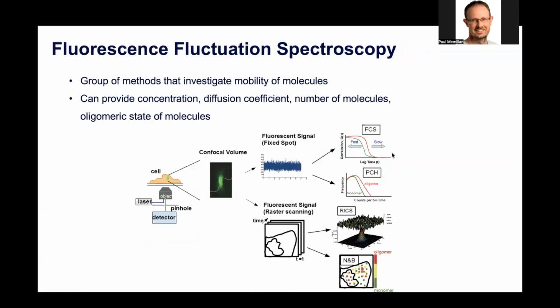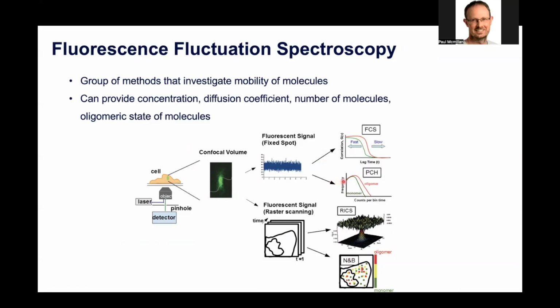Fluorescence fluctuation spectroscopy. So these are a group of methods, and again, these are highly complex. You could probably do at least an hour on just these. Sometimes called things like FCS, for example. In this case, we can use the confocal again, and rather than scanning across and building up our image, we can park the laser beam at one specific part of the cell.